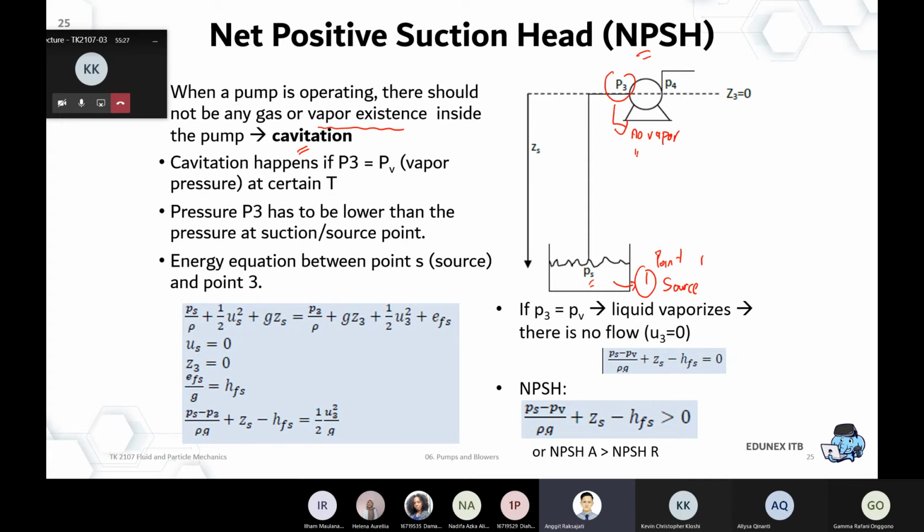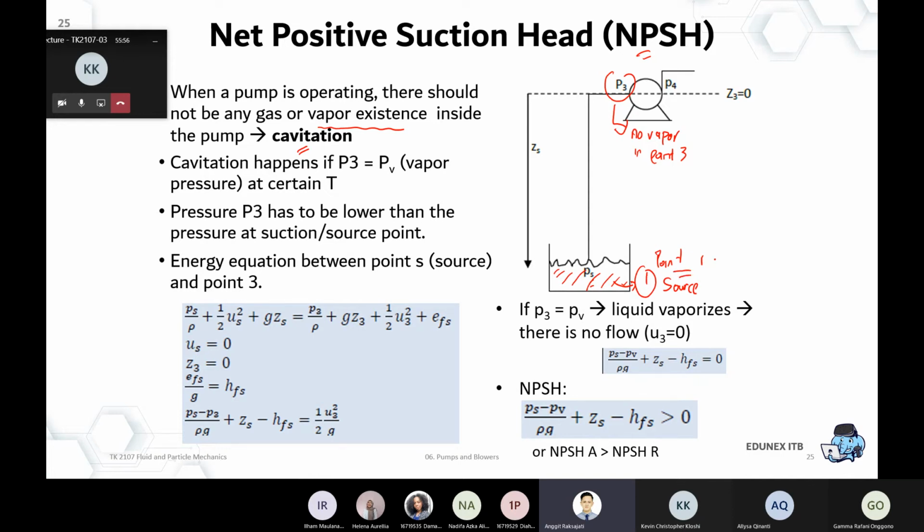No vapor in point 3. So sometimes the engineer becomes careless. Why? Because they said, okay, I already make sure that the source is completely a liquid. If I provide the pump feed as a liquid, I don't have any risk of cavitation. But that's not really the case.